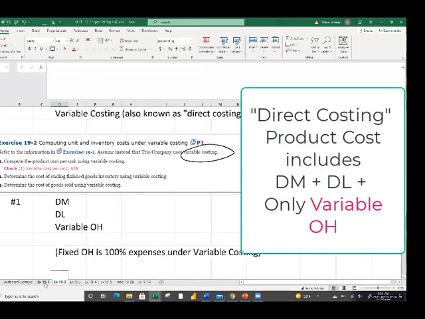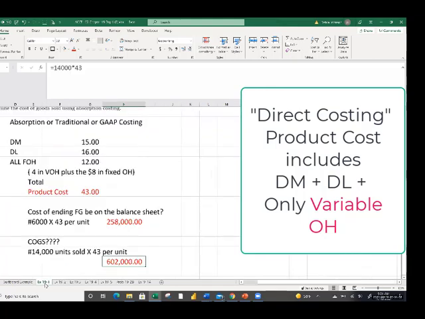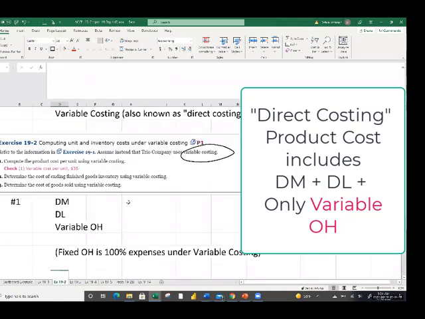All right, so I'm going to have to glance back here. Direct materials was 15, direct labor was 16, and variable overhead was 4. So 15, 16, and 4. And if you need to look back at your screen, please do. I'll wait.